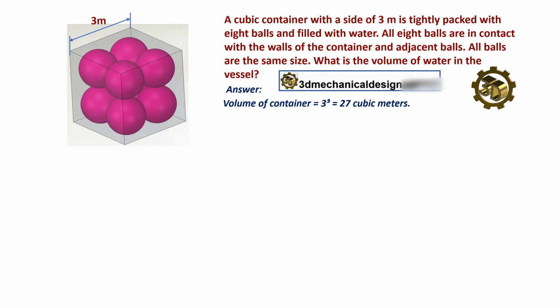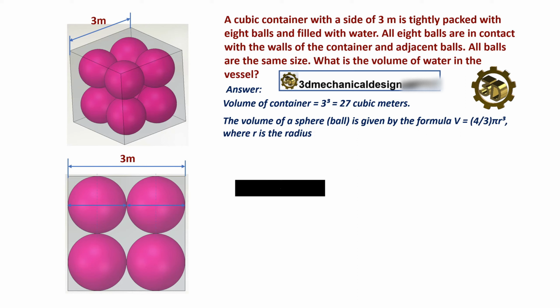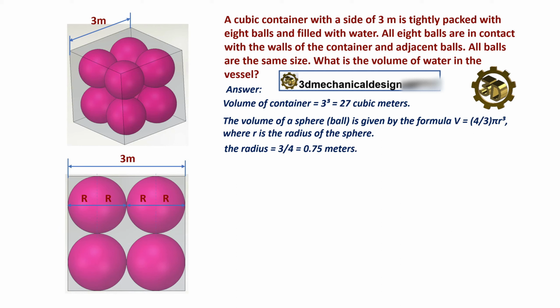The volume of a sphere, ball, is given by the formula V equals 4/3 pi r to the third power, where r is the radius of the sphere. The radius equals 3 divided by 4 equals 0.75 meters.